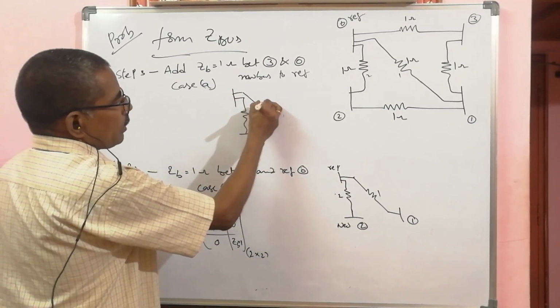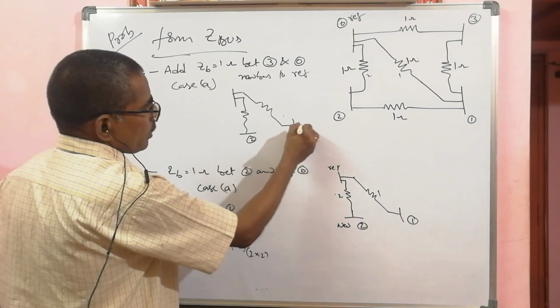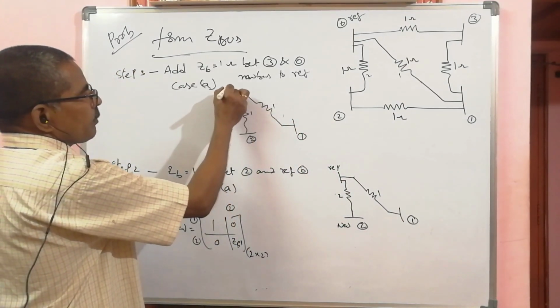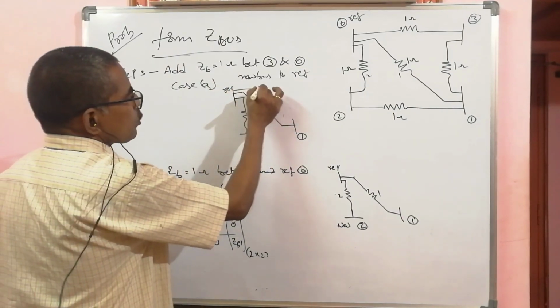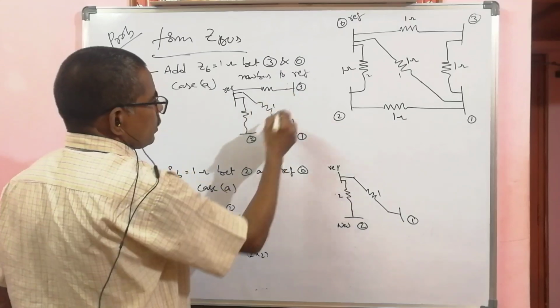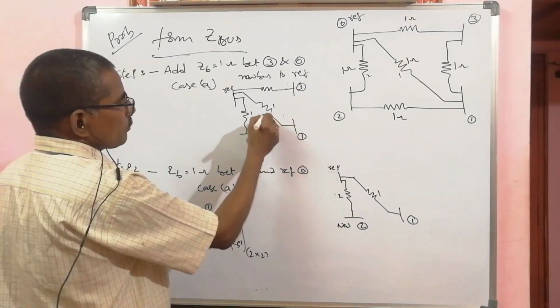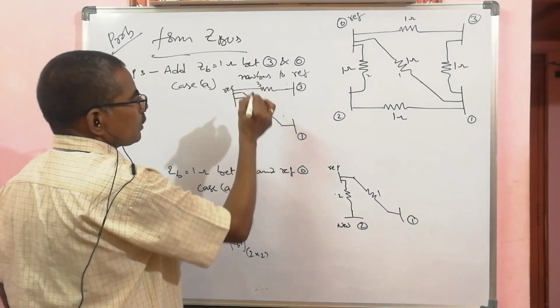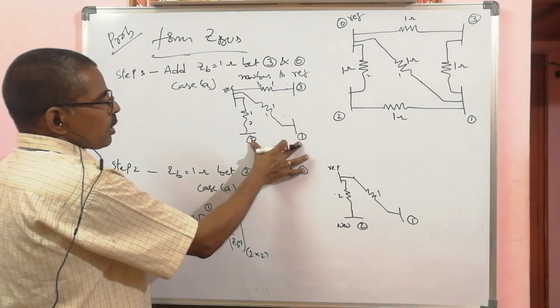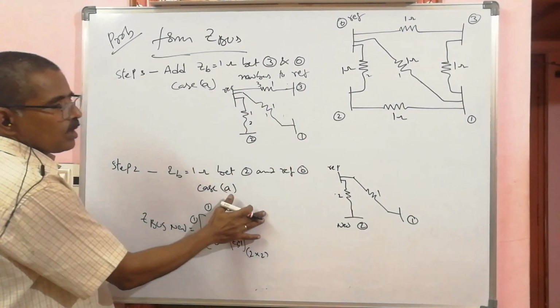And first bus is already there, 1 ohm, 1 ohm. This is reference. Now you are adding this one between third bus. So this is already existing. This is third, which is again 1 ohm. So these two are already there in the system up to this.